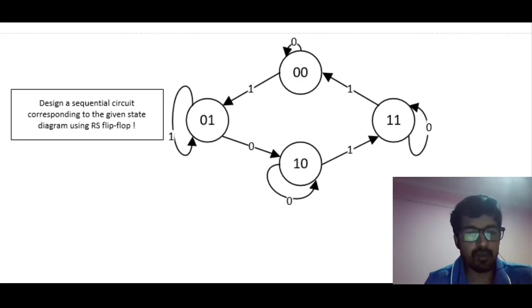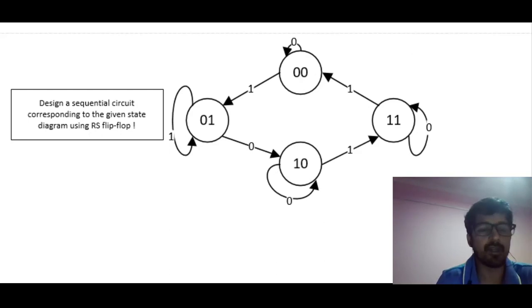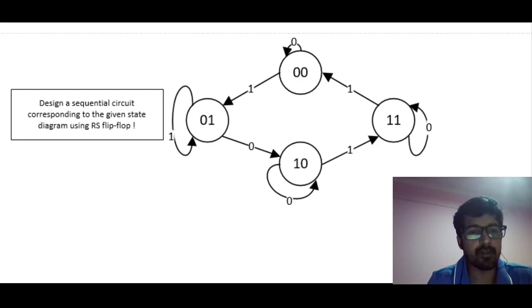So the problem states that, as you can see, the background of this video is a state diagram, and you may have been looking into that diagram since the beginning. We'll be picking the same one.